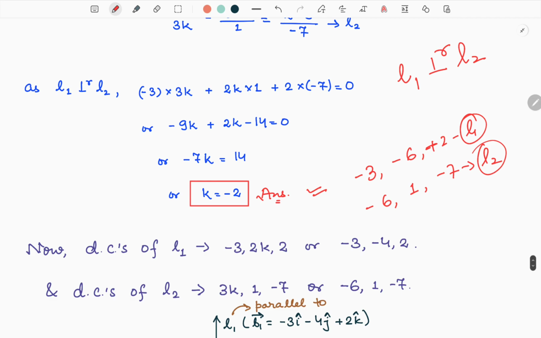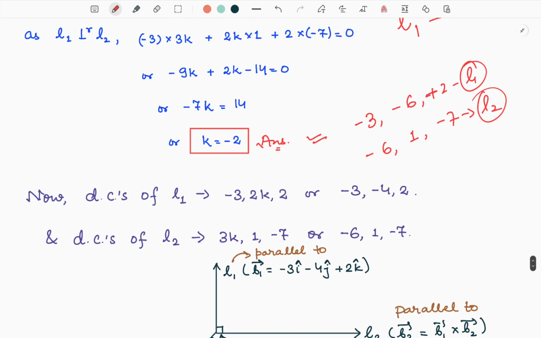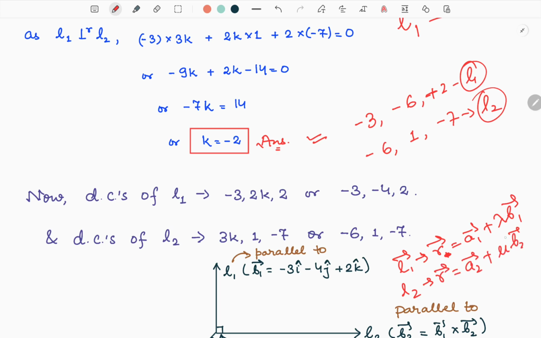Now this L1 direction gives us the value of b1 vector, and L2 gives b2 vector, because if the L1 equation has to be written in vector form, it will be written like r vector is equal to a1 vector plus lambda b1 vector, and for L2 we can write r vector is equal to a2 vector plus mu b2 vector.